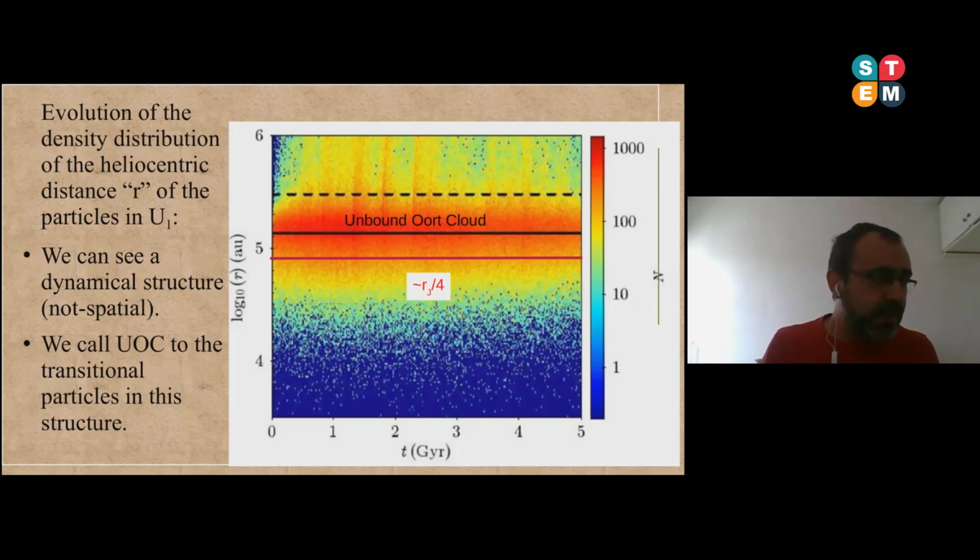We can imagine this structure like a shell of unstable particles around the sun, around the solar system. But more important is that this shell is surrounding the Oort cloud. It's in the external edge of the Oort cloud. You can see the position here at the half Jacobi radius.